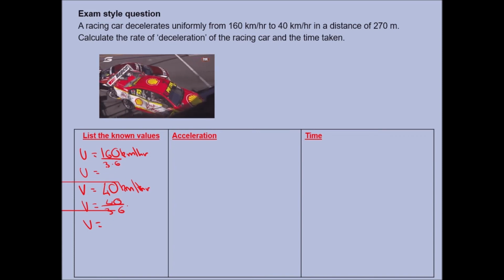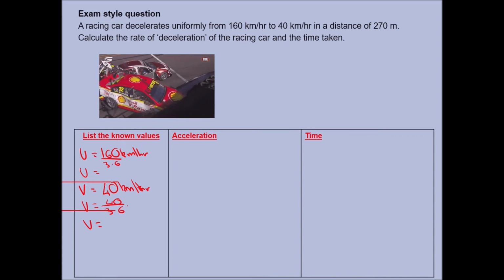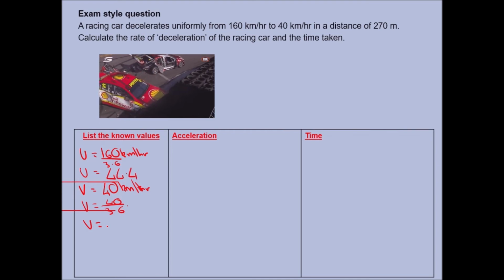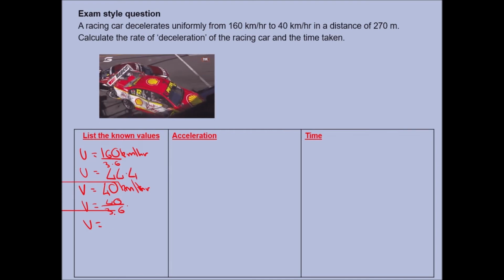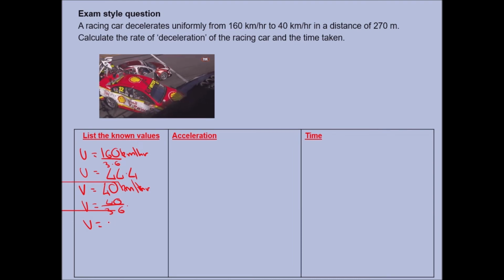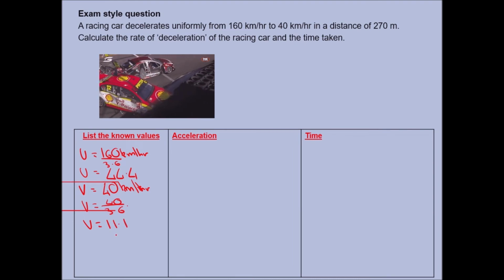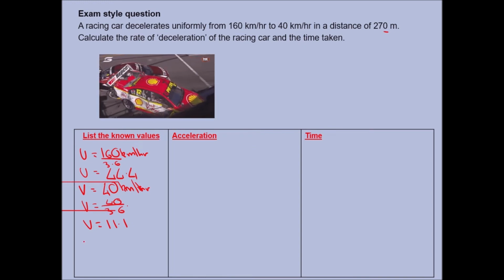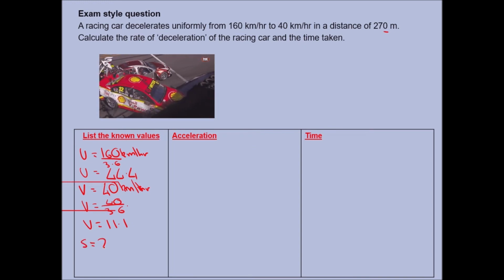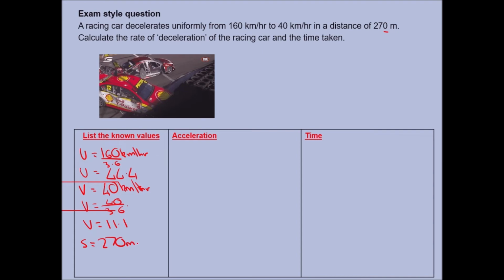For our first one, 160, we've got 44.4. Next one, V, 40 divided by 3.6, we've got 11.1. Next bit, distance. Distance equals 270 meters.